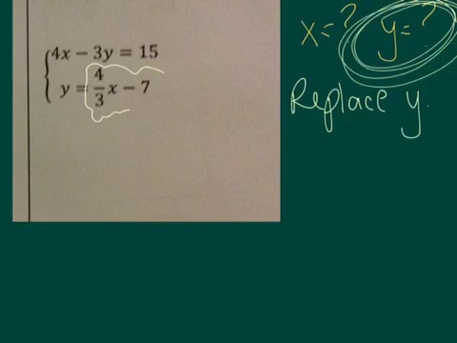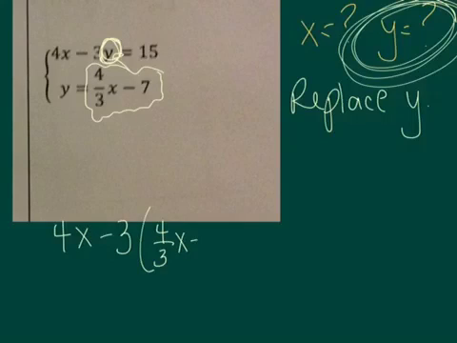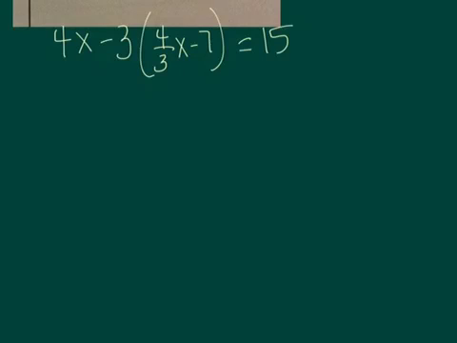So I'm replacing 4 over 3x minus 7 in where I see y. So I have 4x minus 3, parentheses, 4 over 3x minus 7 equals 15. Your equation should look like this. So if I solve this now, what's the first property I use?